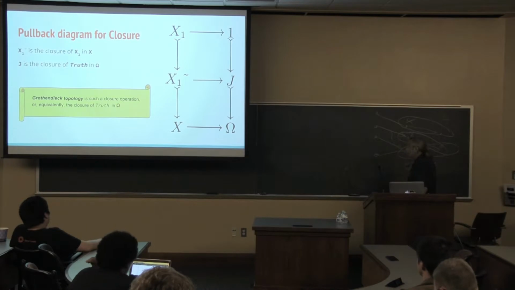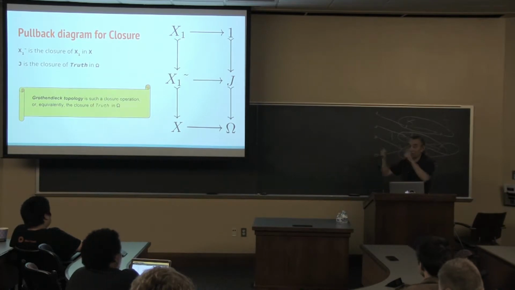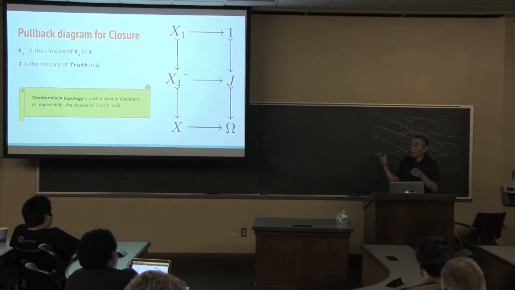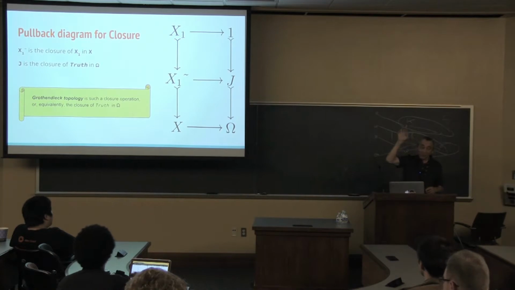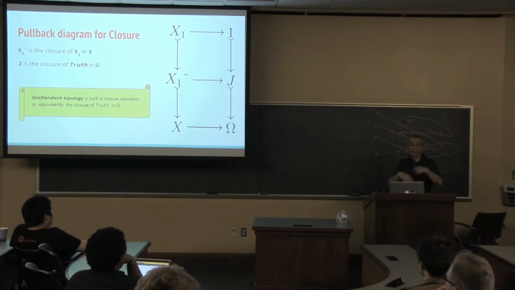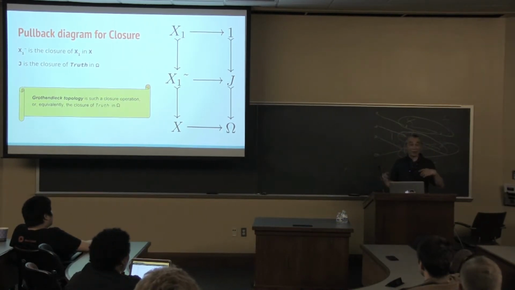And of course, what closure operations can we have in sets? In sets, we have in the classifier just true and false, right? A 2-element classifier. Since the closure should contain truth, we have only 2 options. Either we include false or not. If we don't include false, it's a trivial operation, identity.